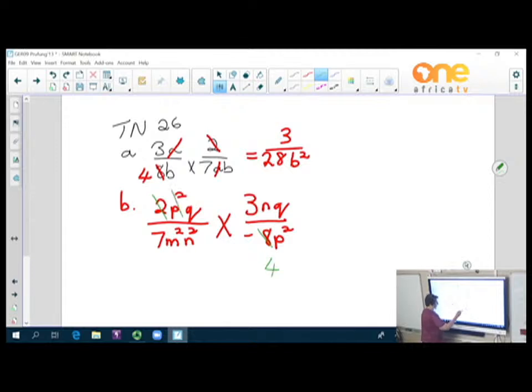This p squared and this p squared will cancel out. 1n and 1n will cancel out here, so there remains 1. I write it where I have the biggest one. So now I've got a 3 at the top, and I add my indices, q squared. Here I have a 7 at the bottom, and I still have m squared.